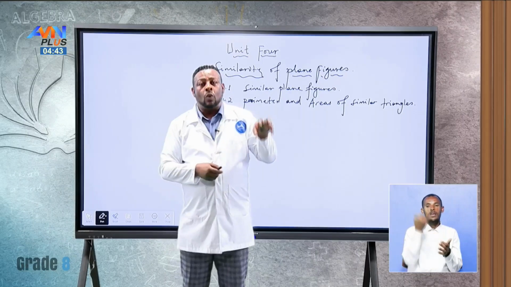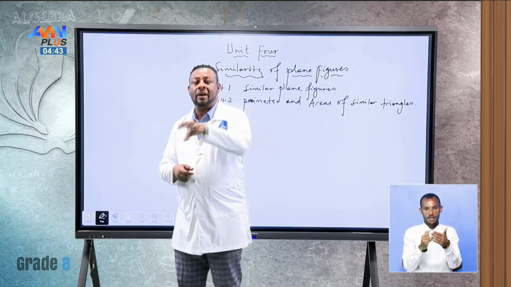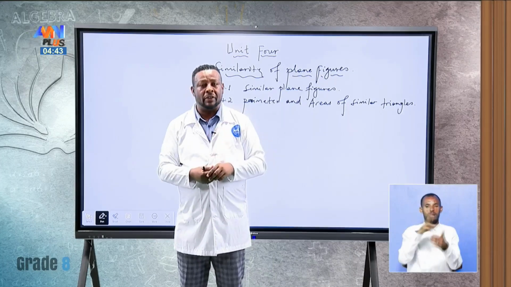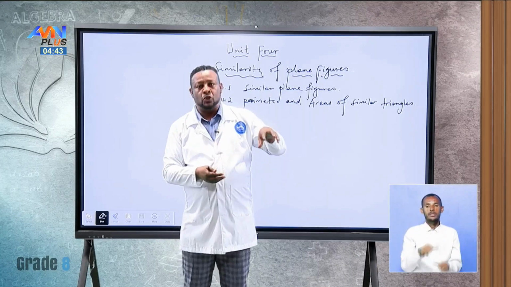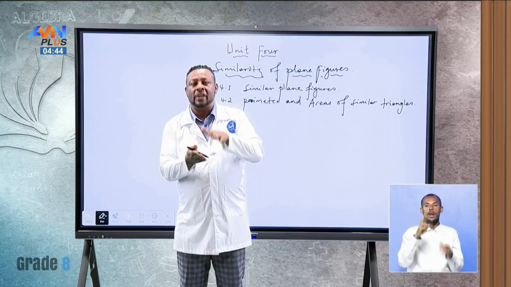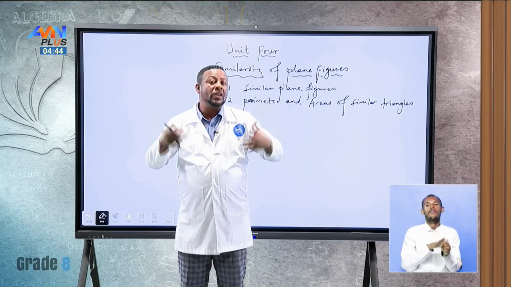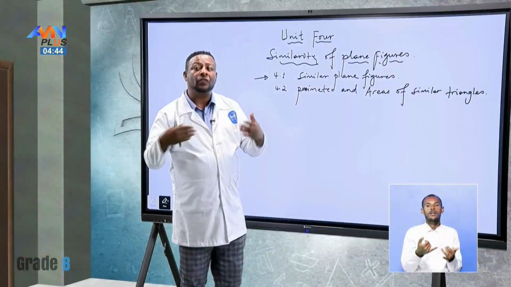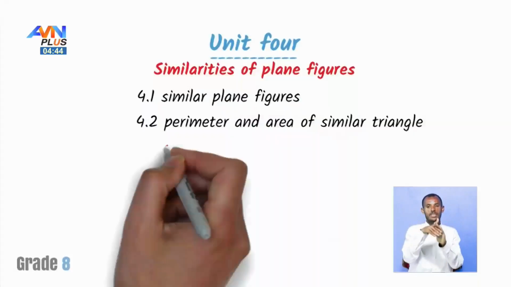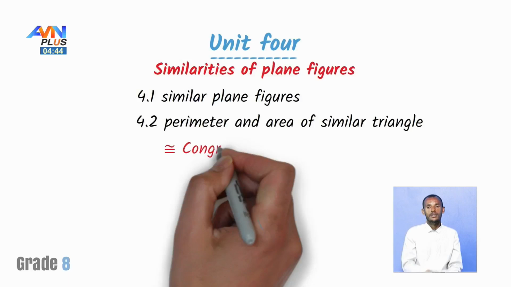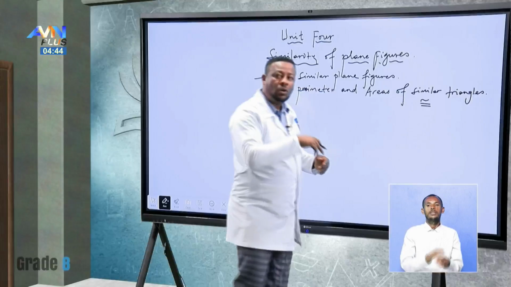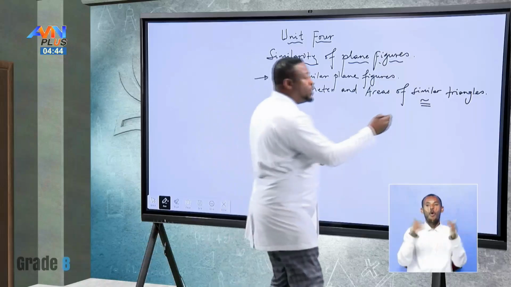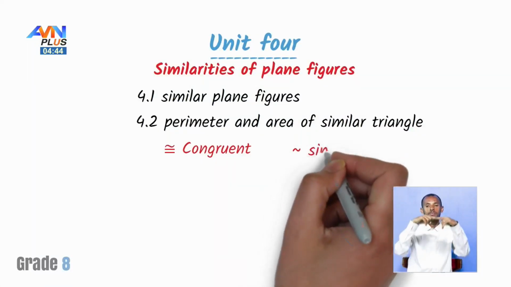If we move one figure on another, and if the two figures fit each other, or if we are able to make the two figures fit, then those figures are congruent. Here in our discussion, we use different symbols like this symbol, equal with something on top, which means congruent, and we use this symbol to say similar.